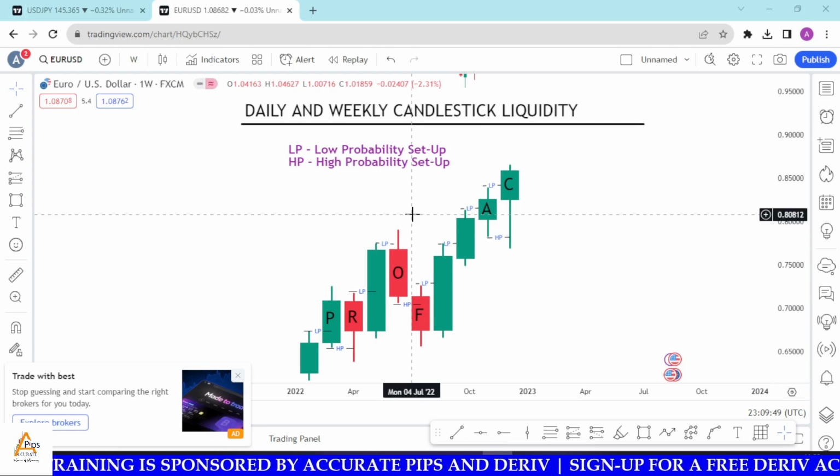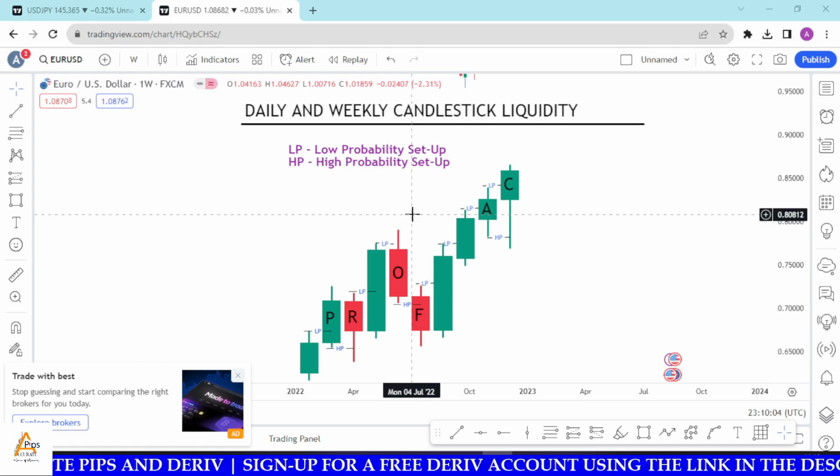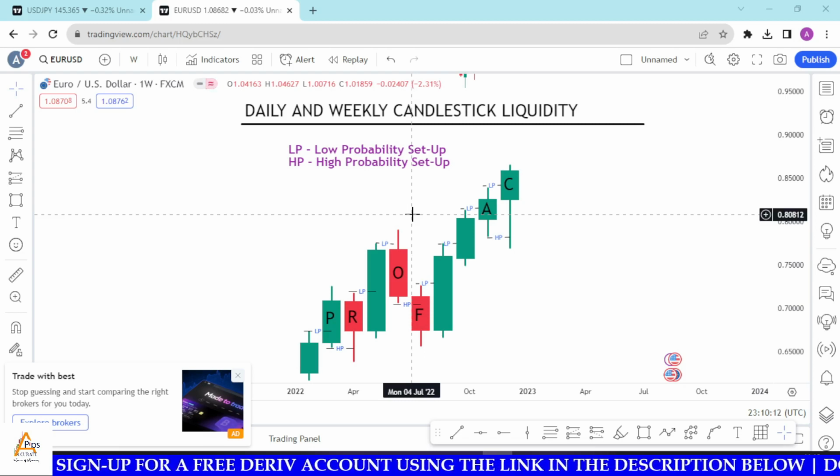Now, when I say daily time frame structure, please understand me. I don't mean structural mapping where we have been including inducement to confirm highs and lows. No, here our whole focus is on the candlestick structure.